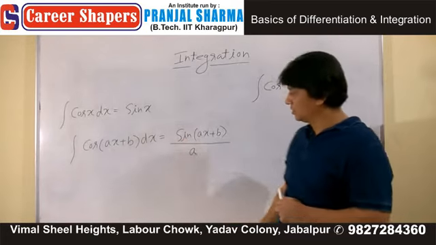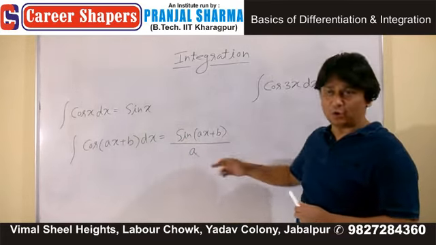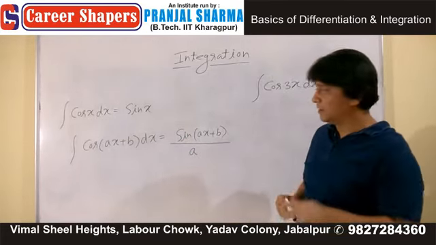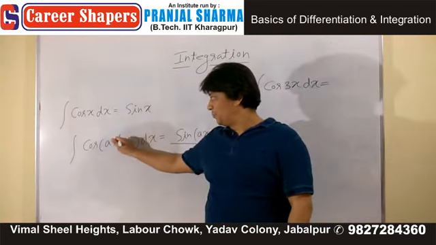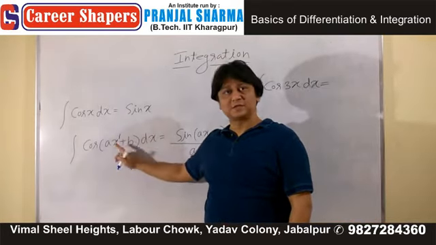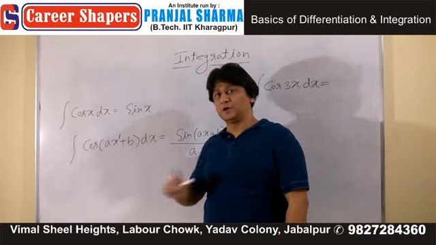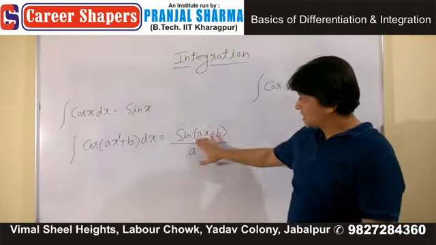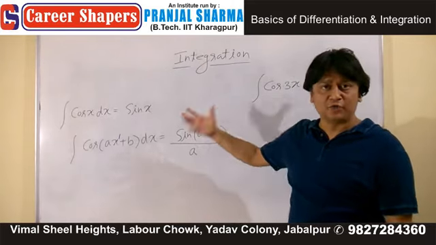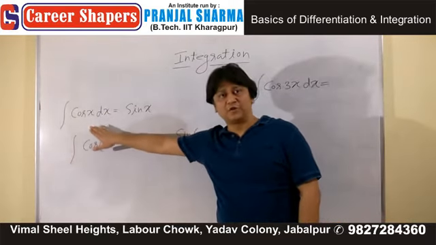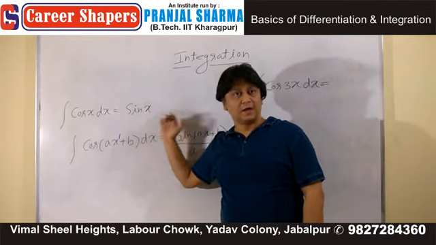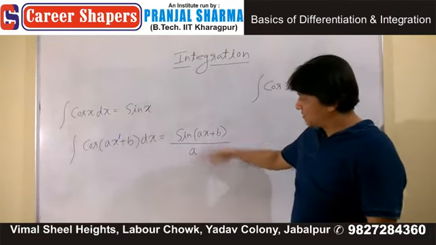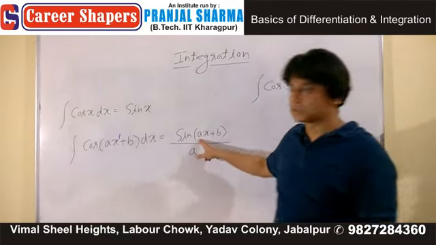In integration, we divide the whole thing. Again, the power of x in ax plus b should be 1. Sine of ax plus b, the standard formula. What is the integration of cos? Sine. And then divide the whole thing by the coefficient of x.